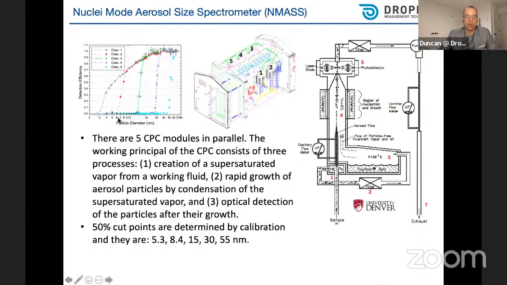Channel 2 will grow all the particles greater than about 6 nanometers. So the technique here was to use this channel and this channel and assume that new particles occur in between. And by subtracting the concentration of these two channels, you're identifying the newly formed particles.